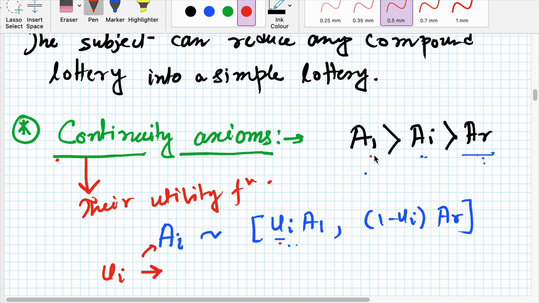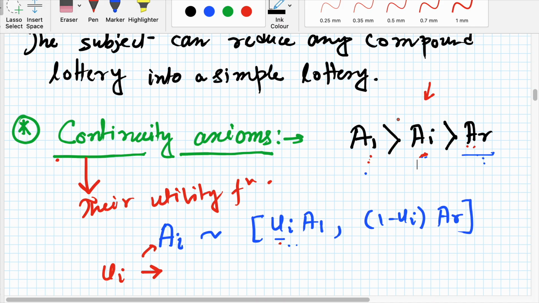If there are three options, a1, ai and ar, and in the preference ai remains intermediate between a1 and ar, then ai is indifferent to a lottery over a1 and ar.